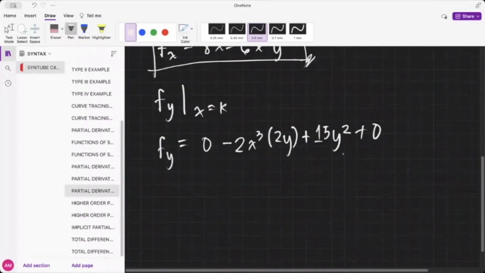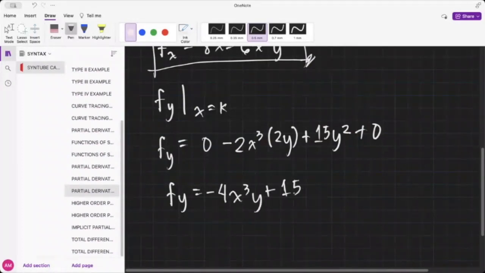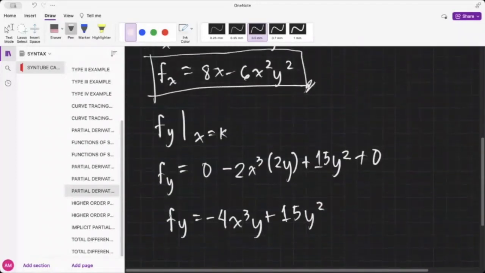Kasi derivative ng constant is 0. So, if you get yun naman yung partial derivative ng function with respect to y, if you simplify this, you'll just get negative 4x cubed y plus 15y squared. And this is your final answer.